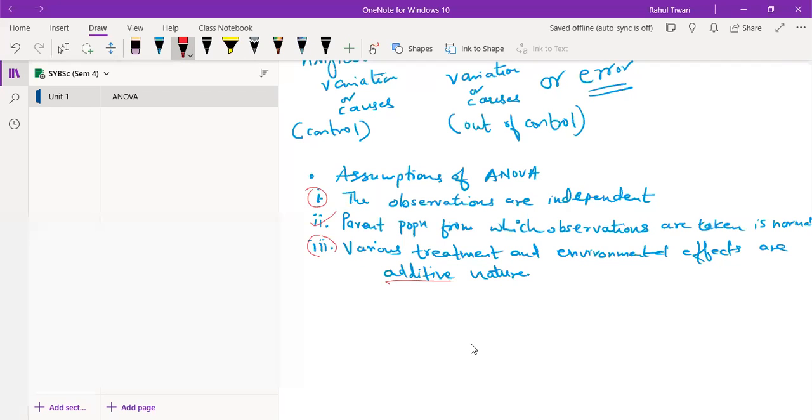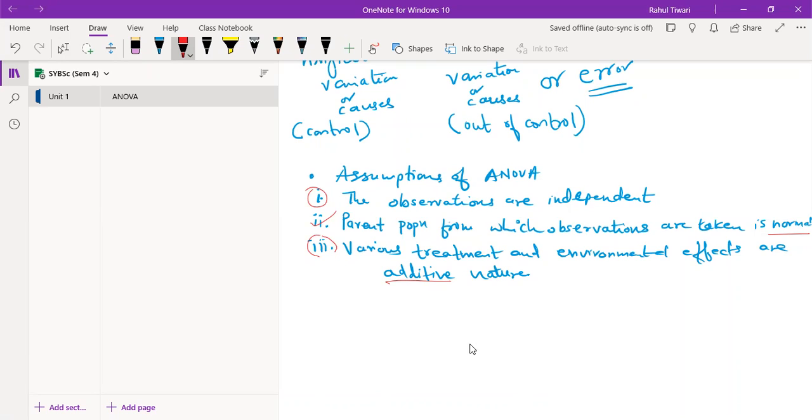Mainly, we assume the observations come from a parent population that is normal, and this we can check only using statistical tools; manual, offline checking is not possible.